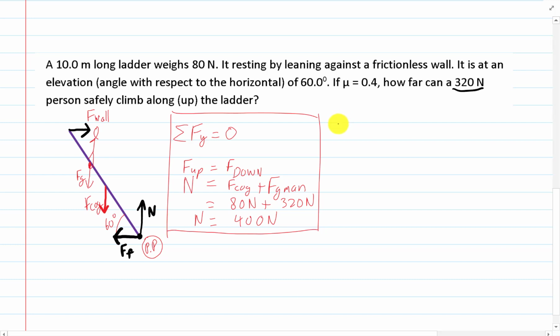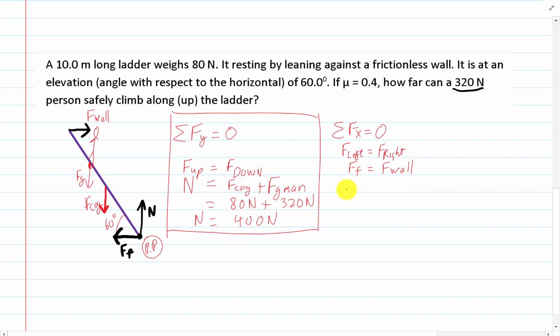Okay, now the sum of the forces in the x direction also has to equal 0. That means the forces left have to equal the forces right. There are only 2 more forces that we haven't talked about, and that's the frictional force and the wall force. So the frictional force has to equal F of the wall.